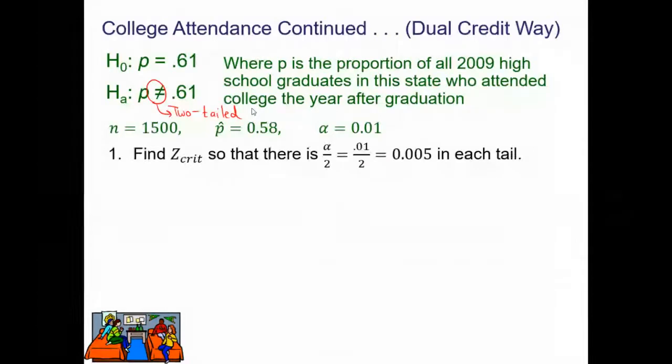In our case, alpha is 0.01, so 0.01 divided by 2 is 0.005. So I need to look on my z table and find where is the probability, so the number in the middle of the table, equal to 0.0050. And then trace that outwards to get your z-score. This is where your z-table comes in.